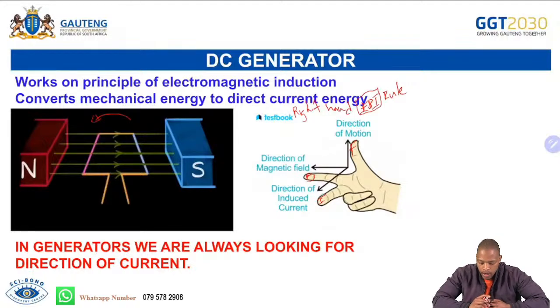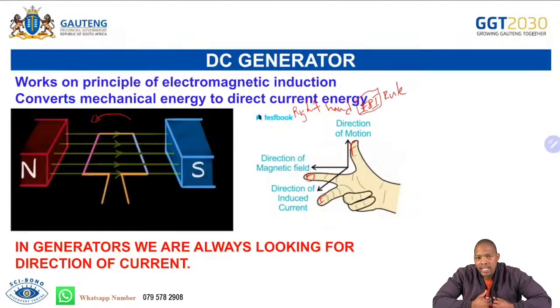An acronym I believe is very easy to remember. You must make sure that they are all perpendicular to each other. We are still using the right hand. When it comes to generators, we always use the right hand.